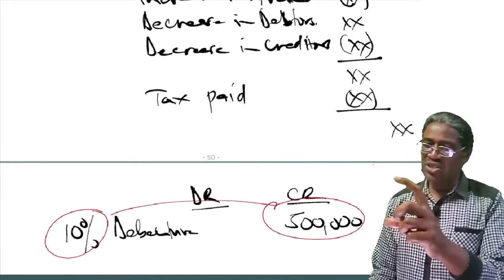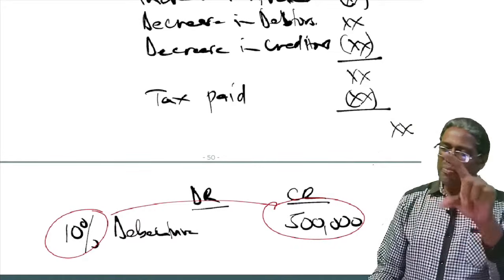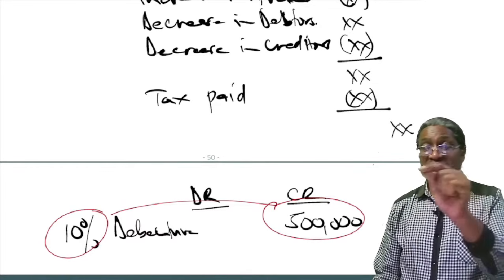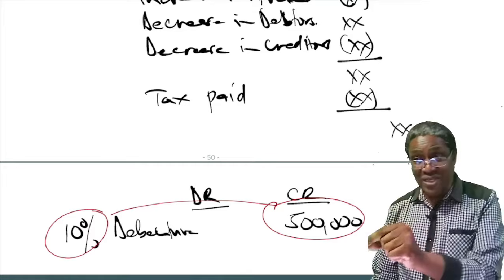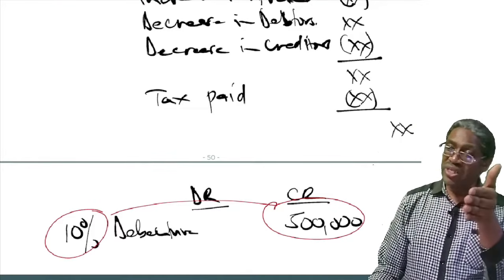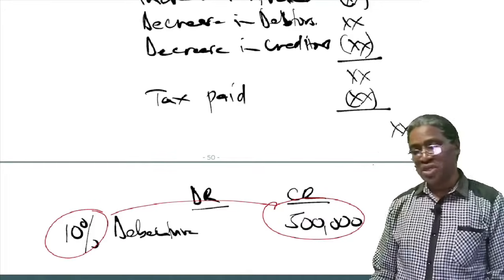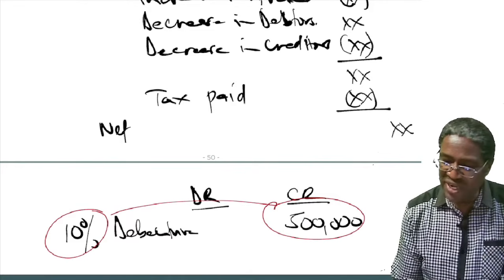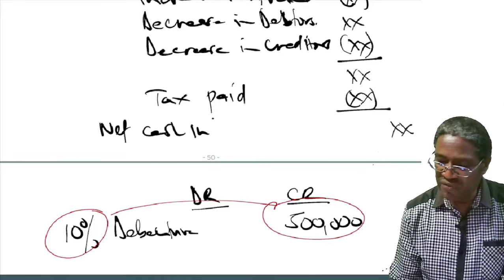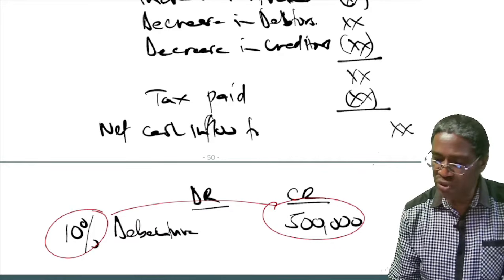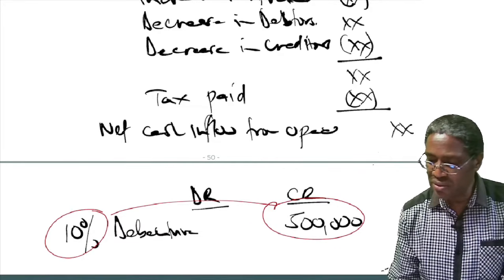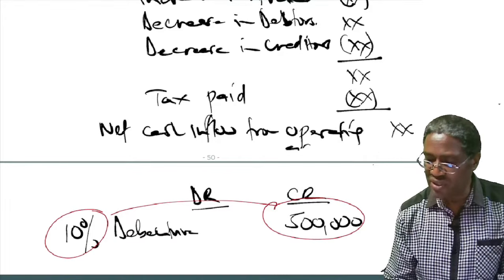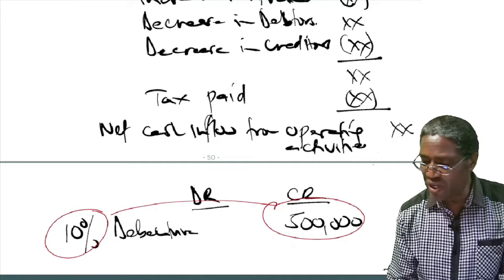That net will either be the net cash inflow or the net cash outflow from operating activities, depending on whether it's a positive or a negative amount. Let me assume it's a positive. We call it now net cash inflow from operating activities.